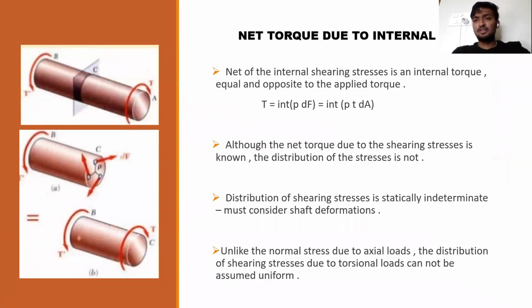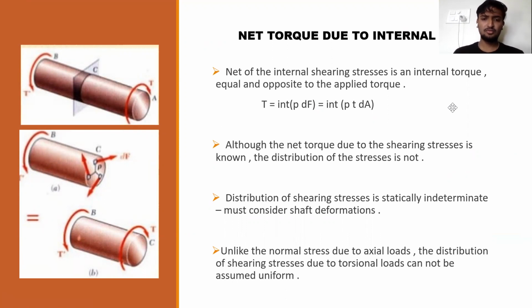Net torque due to internal stresses. The net of the internal shearing stresses is an internal torque equal and opposite to the applied torque. T is equal to the integral of rho dF, which is equal to the integral of rho tau dA. Although the net torque due to shearing stress is known, the distribution of the stress is not.